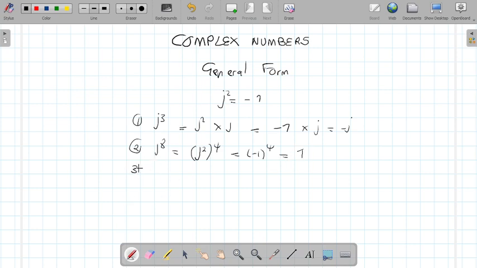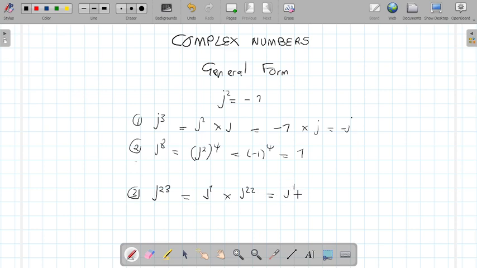All right. Now, let's try another one, something that is a little bit more complicated. It's also simple, I think. Something like J to the power of 23. What is J to the power of 23? J to the power of 23 is J to the power of 1 multiplied by J to the power of 22.